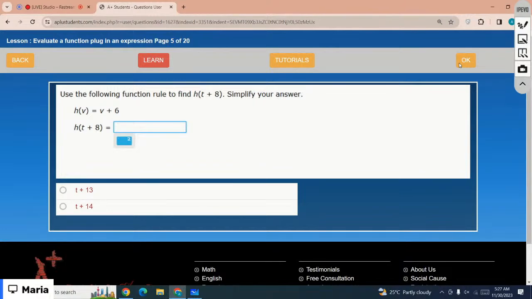Use the following function rule to find h of t plus 8. So, which is the correct option?